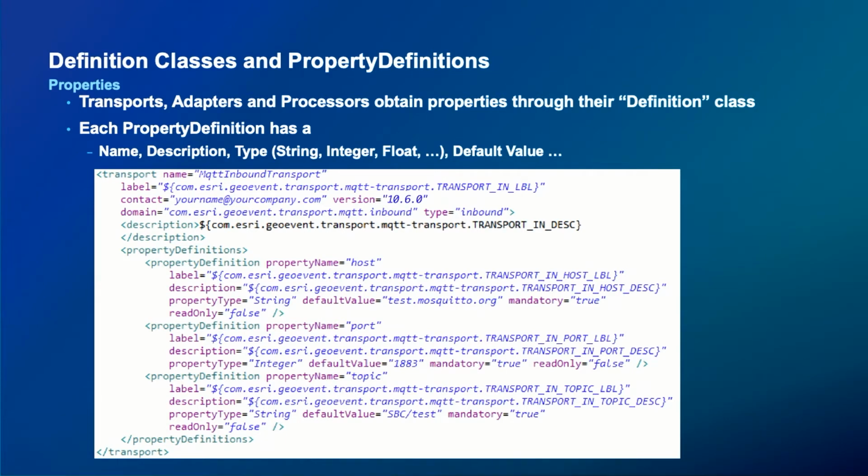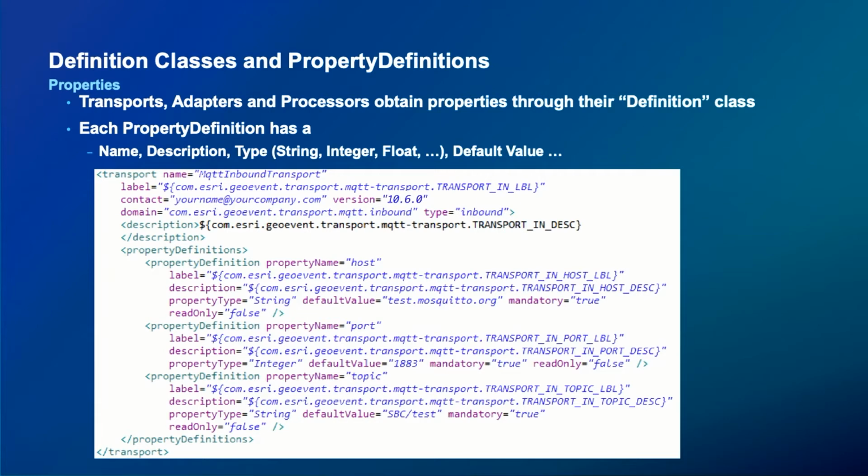So this slide shows the syntax of using localized strings in XML. When GeoEvent Server sees the ${} curly bracket notation in the XML or a Java class, it will attempt to replace the string with the localized string from the corresponding localized properties file. So which properties file it uses depends on what's inside the curly bracket and the locale.